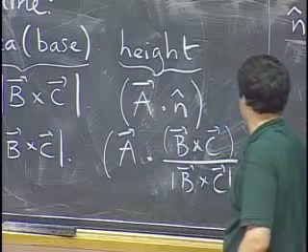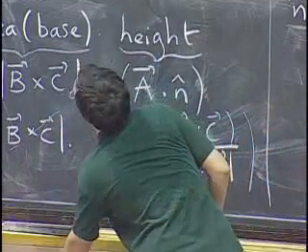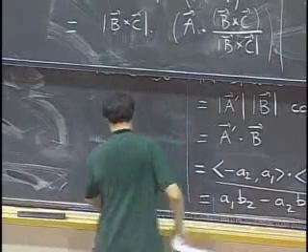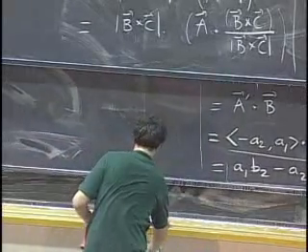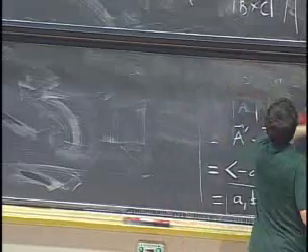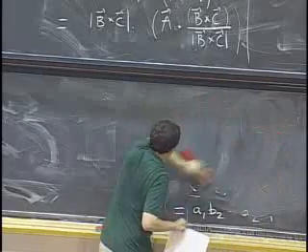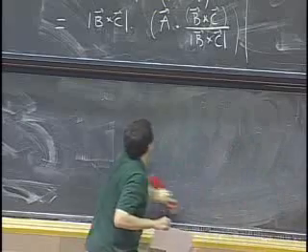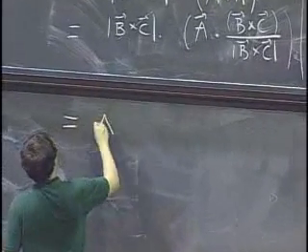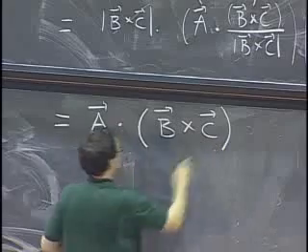Well, now I can probably simplify between these two guys. And so what I get out of this is that my volume equals A dot product with the vector B cross C. And of course, I have to be careful in which order I do it.